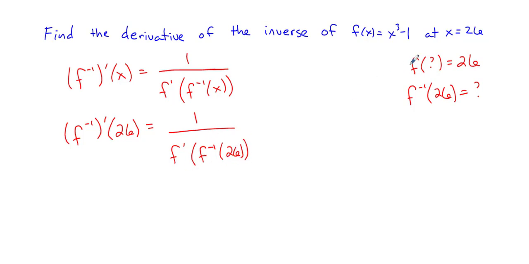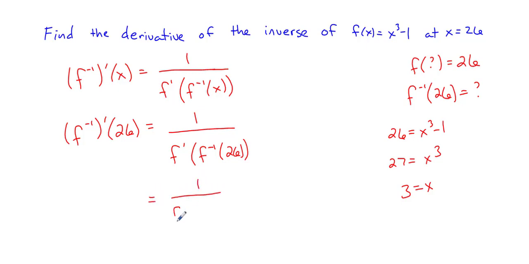To do that, set the function equal to 26, solve for x. Add 1 to both sides, 27 equals x cubed. Oh, that's not bad. What's the cube root of 27? 3. So f of 3 equals 26. That means f inverse of 26 equals 3. So right here goes 3.